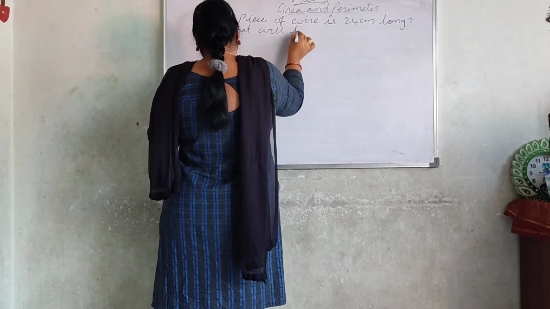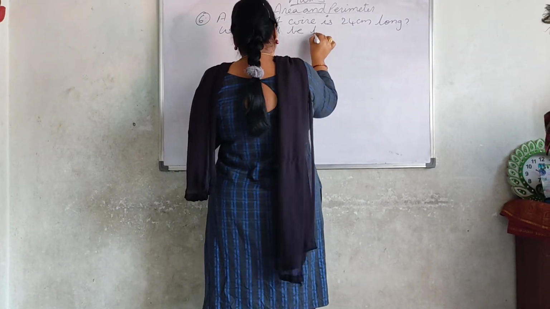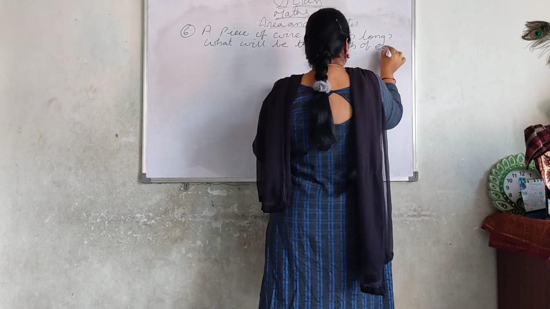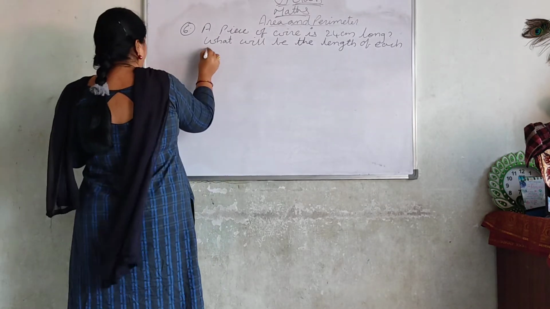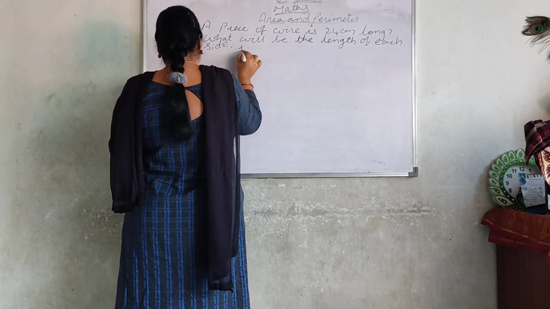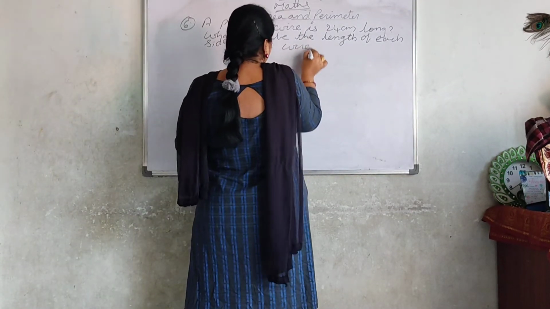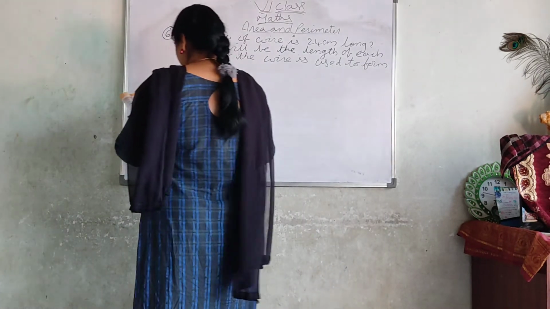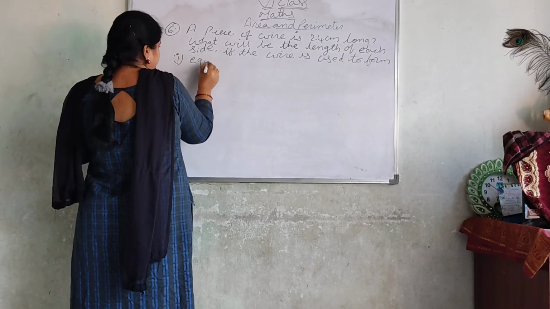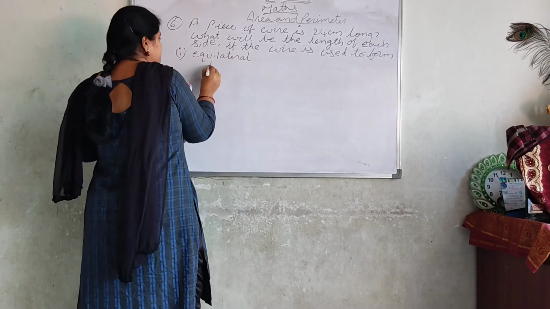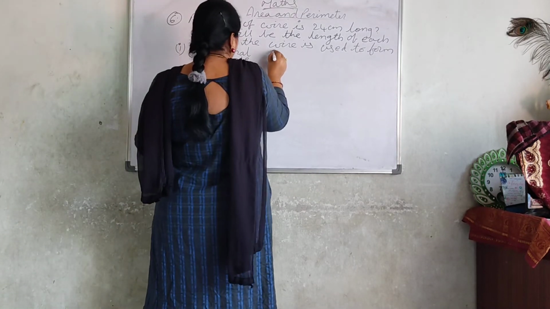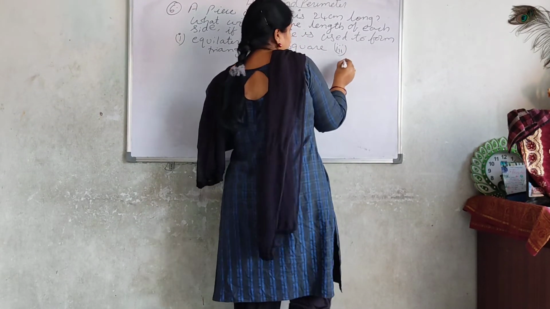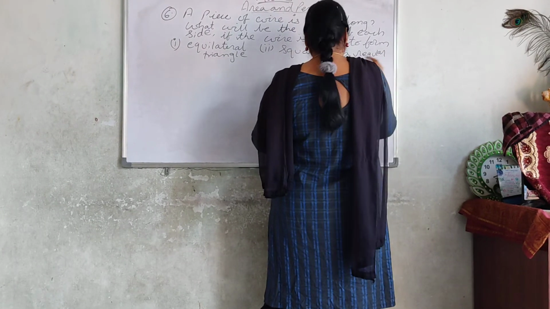What will be the length of each side if the wire is used to form: first one, an equilateral triangle, second one, a square, and third one, a regular hexagon.